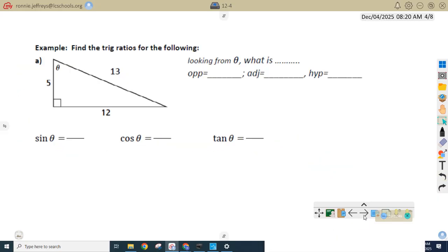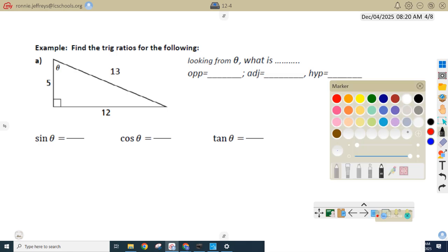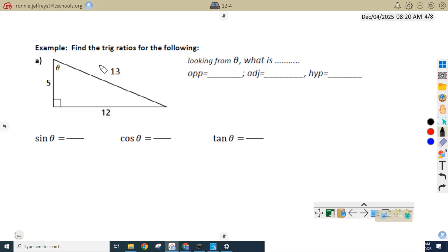Okay, so we're doing this one right here. It says, find the trig ratios for the following. Looking from theta, we are in this corner. Which number is opposite of theta? 12.